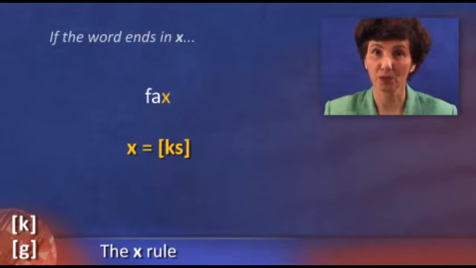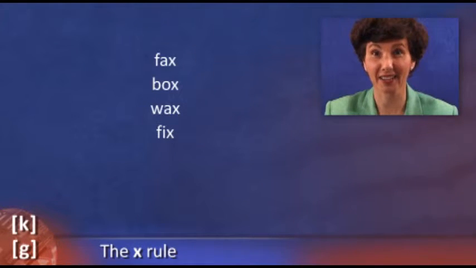The next part of the rule says this: words ending in the letter X are always pronounced ks, the K sound. Here are some words. Fax, a word used all the time in business. Box. Wax.